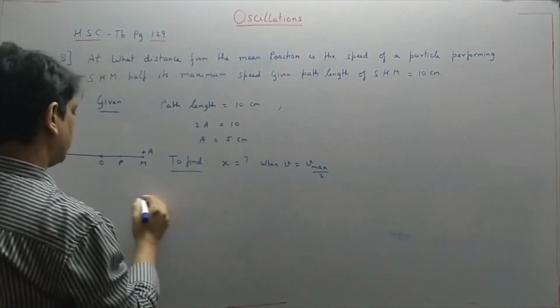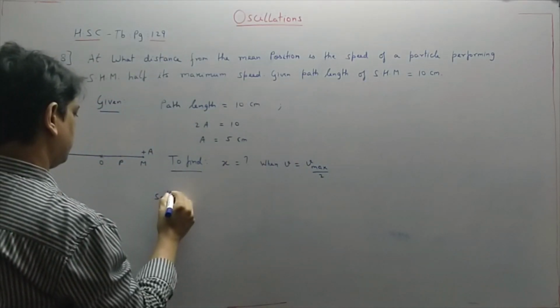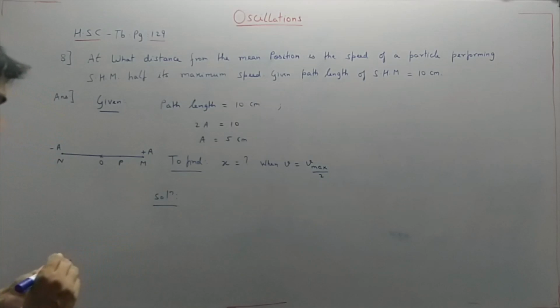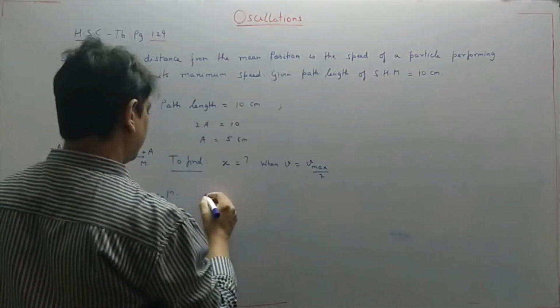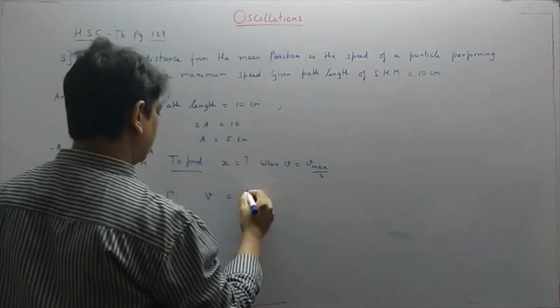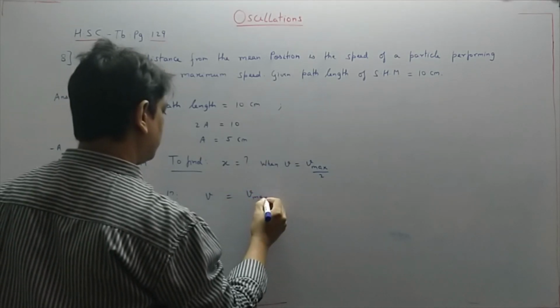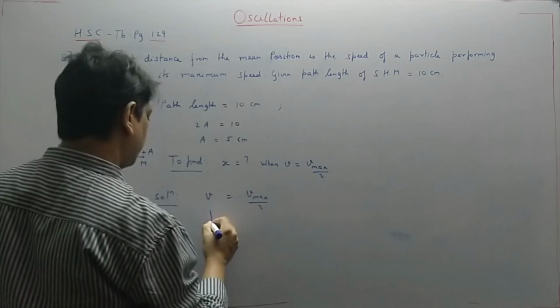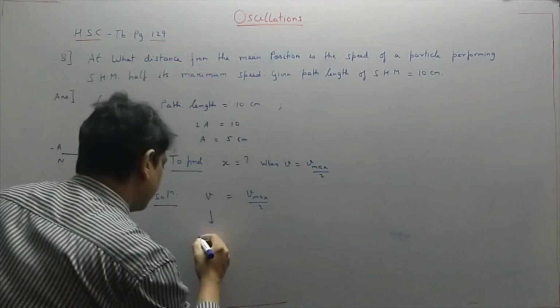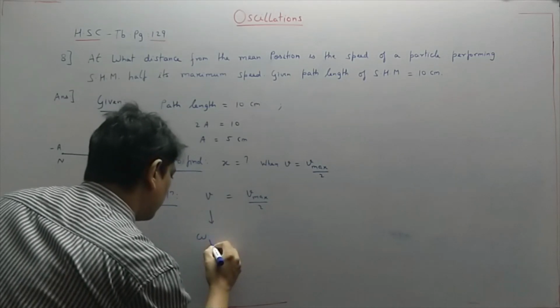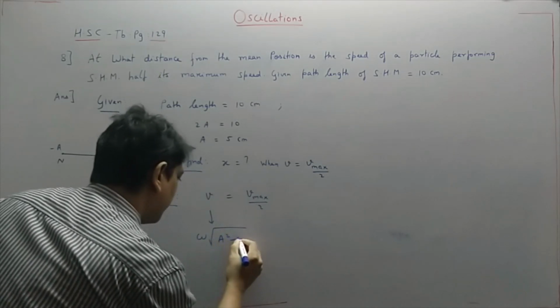What is the solution of this? We are having the formula for V, which is given to you as V max upon 2. What is the formula for V? Velocity at any point in terms of x, we write V equal to omega under root of A square minus x square.